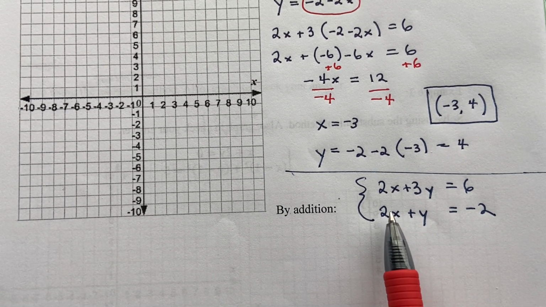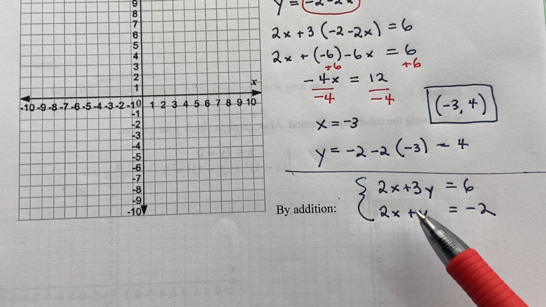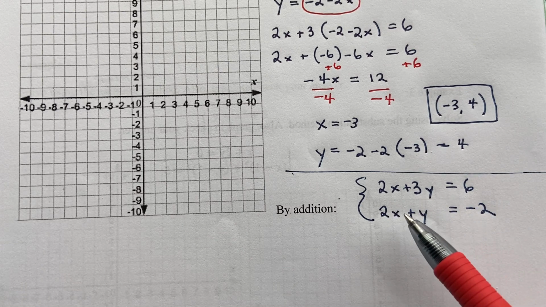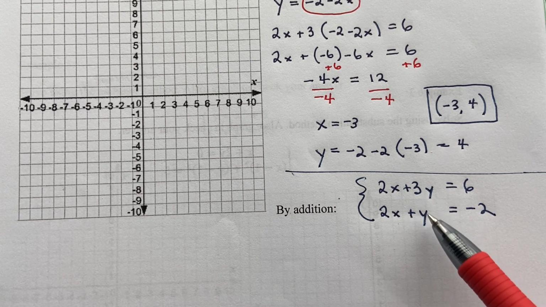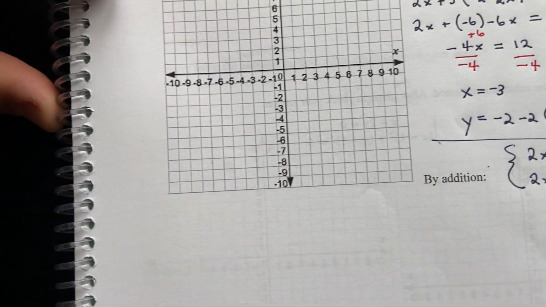So what we want to do is add these together with the hopes of eliminating one of our unknowns. If I add together now, nothing will get eliminated, right? We'll just have 4x and 4y and 4. So nothing will kind of simplify. So what we want to do is actually multiply by a non-zero number and then do the adding portion.